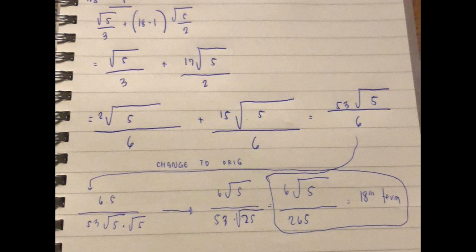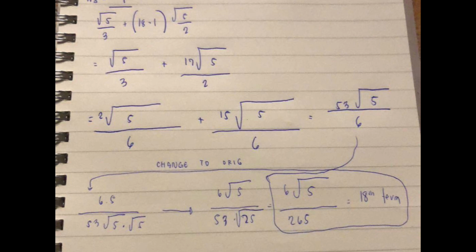Now, since we already have the common difference, which is square root of 5 over 2, a sub 18, since we are finding the 18th term of the harmonic sequence, we plug it in the arithmetic sequence formula.